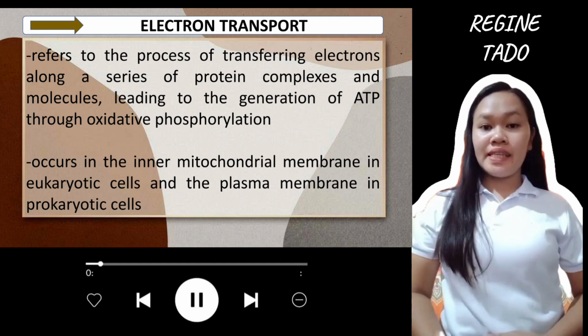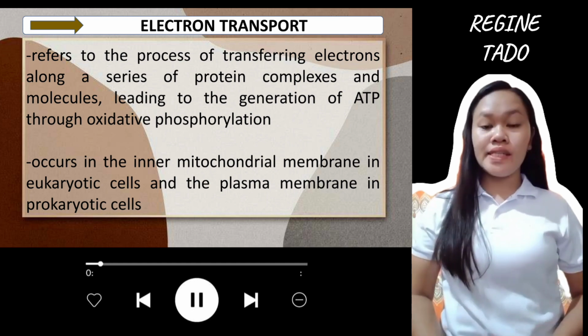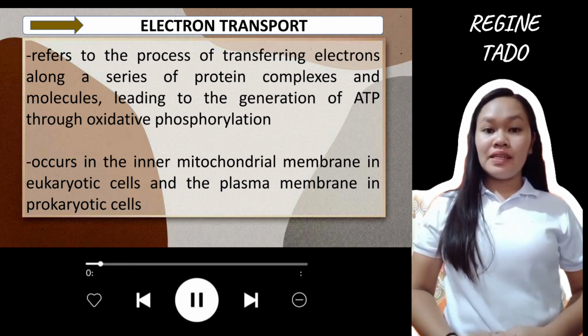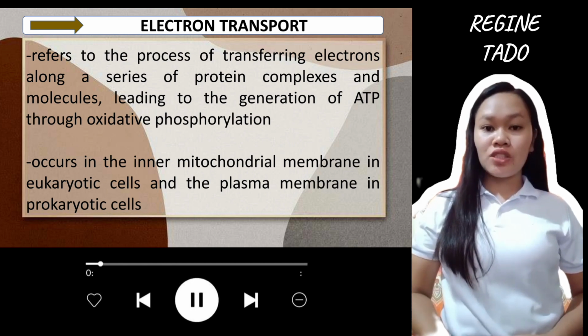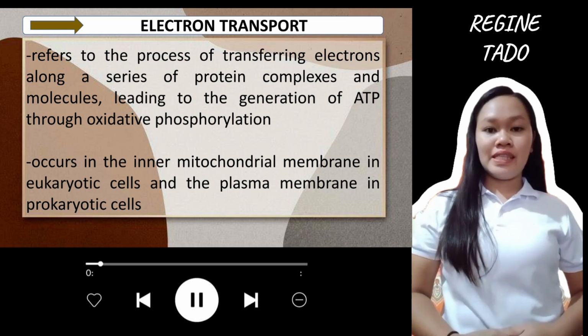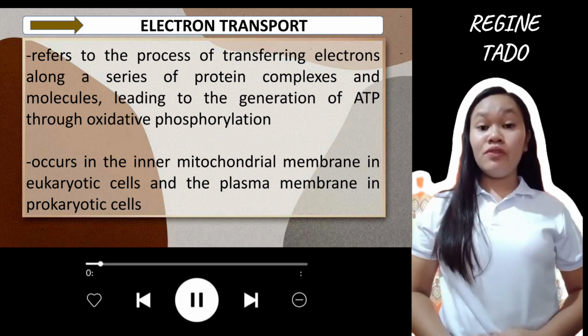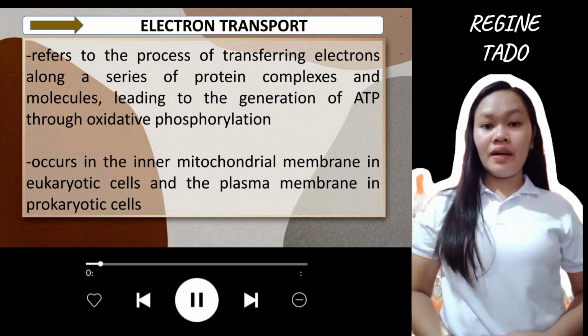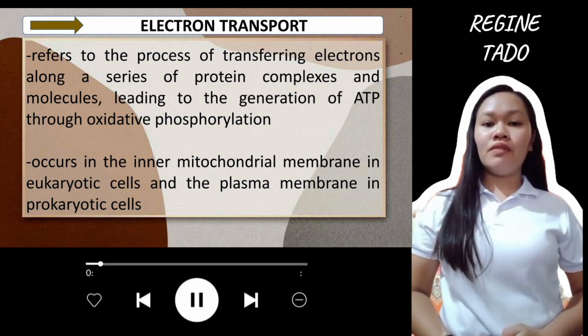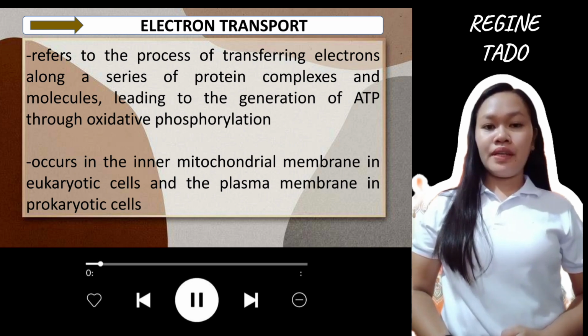In eukaryotic cells, electron transport occurs on the inner mitochondrial membrane due to the presence of specialized structures within mitochondria called cristae. These cristae provide a large surface area for the attachment of the protein complexes involved in electron transport.